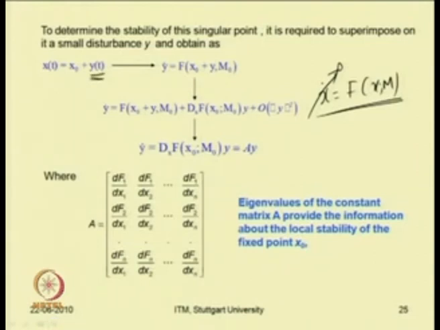In our original equation, x dot equal to f(x, m), we substitute x(t) equal to x 0 plus y(t). Differentiating, as x 0 is constant, x 0 dot is 0, so we have y dot equal to f, where for x I substitute x 0 plus y, and the control parameter is m 0.